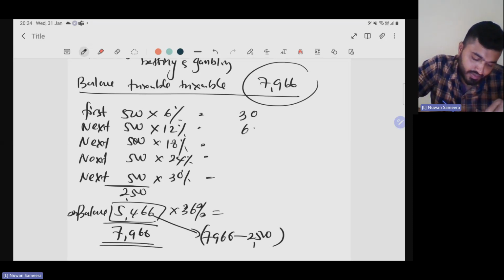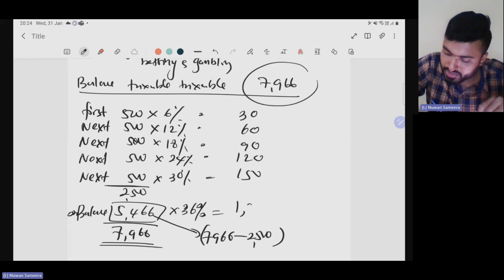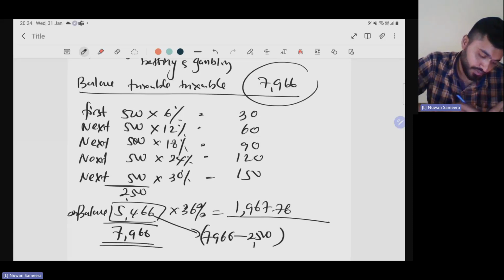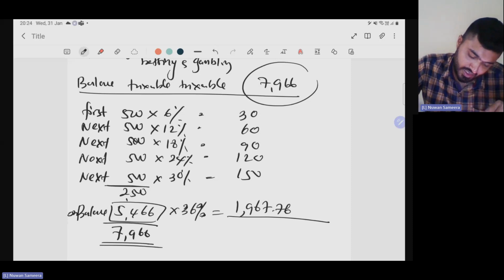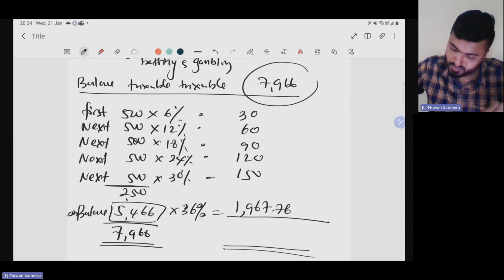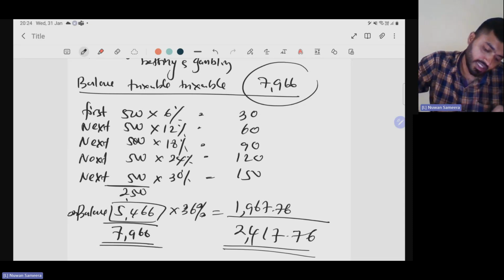Yes, sir. Very simple. So this is the way to calculate this. Now here you can see 1,967.76. So total tax liability is how much? 2,417.76 rupees in thousand.